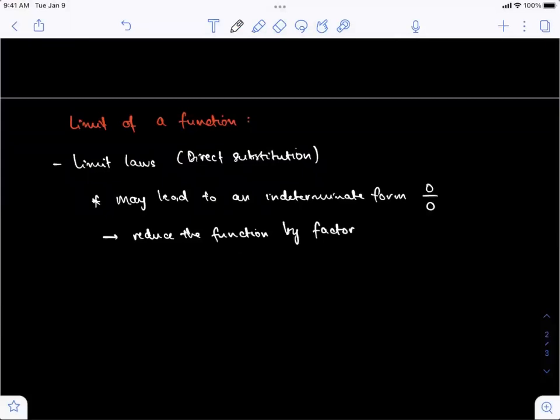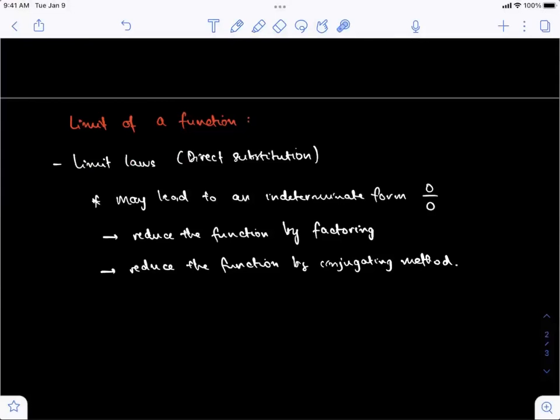You can factor the numerator or denominator, or you can reduce the function by the conjugating method. This particular method is used when you have a square root function involved in the numerator or in the denominator.